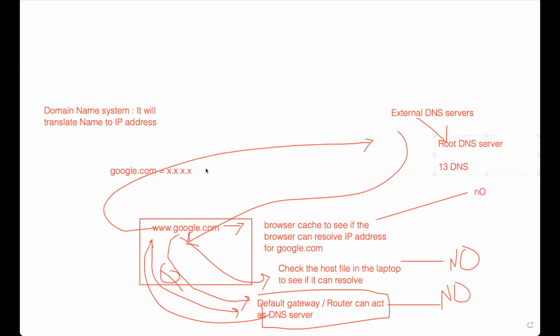And now let's look into the root DNS subdomains. The root will have the top level domain, sub level domain, and host entry.